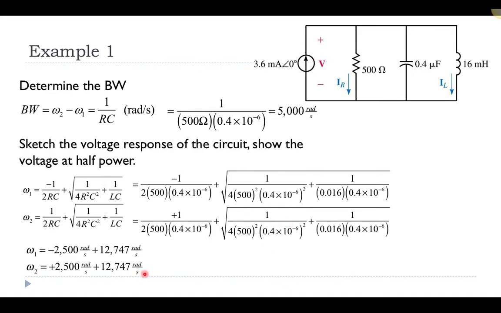But I end up finding that the lower half power frequency is 10,247 rads per second, and the upper half power frequency is 15,247. So I can at least plot those values, and I realize that the bandwidth, of course, is going to be a difference of 5,000, right? And of course, here's where that comes from. If I take the difference between these two, I get a difference of 5,000.